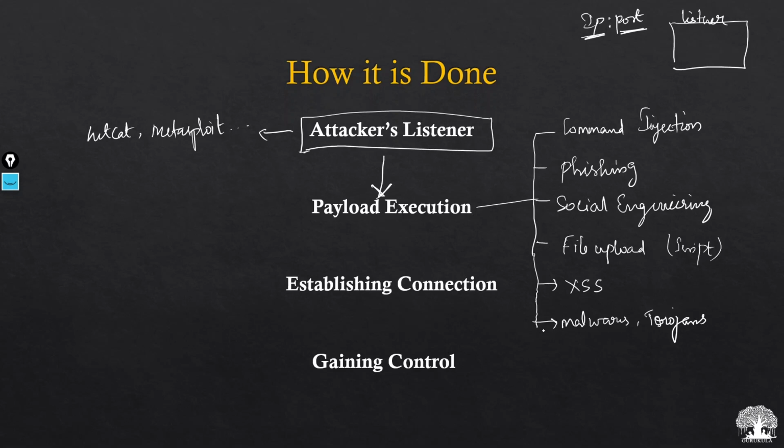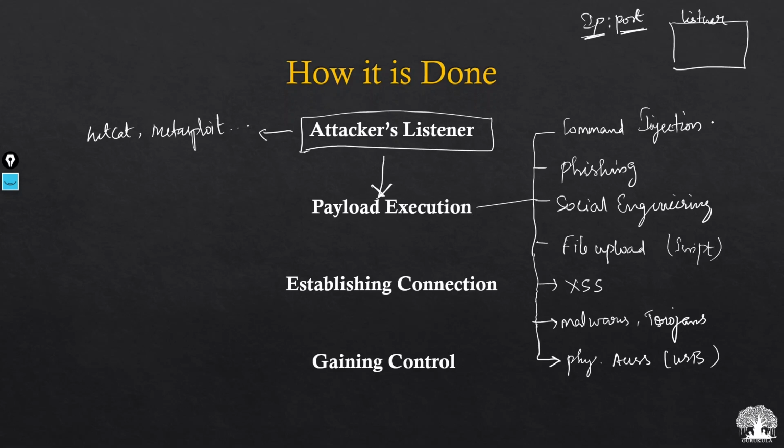So malwares, trojans, all these things are possible. And finally, if it is physically not secured well, you can use physical access as well, like injecting a USB, or you can directly access the machine and just establish a backdoor. So these are all the various attack vectors an attacker will use to establish a reverse connection.